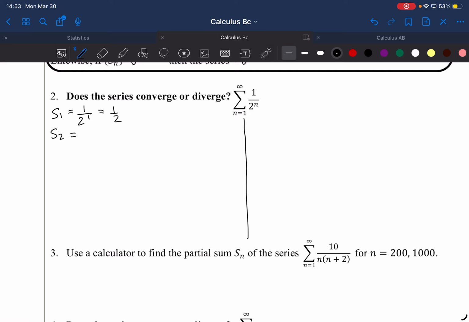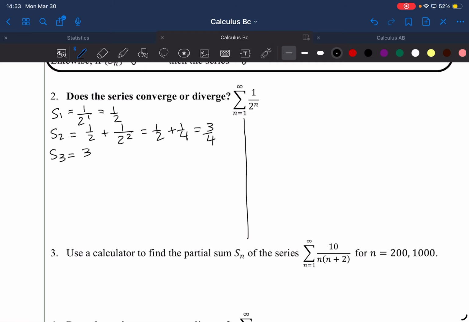So for S2, we take the previous one, 1/2, and we add it to 1 over 2 squared. So now I'm plugging in 2 for n. So this gives me 1/2 plus 1/4, which is 3/4. Okay, remember this is a continuous sum, so we're always adding the previous one to the next.